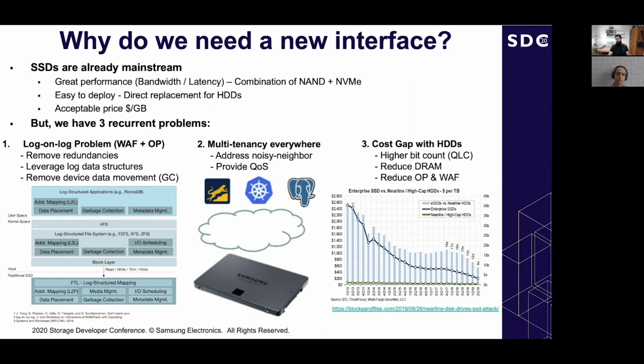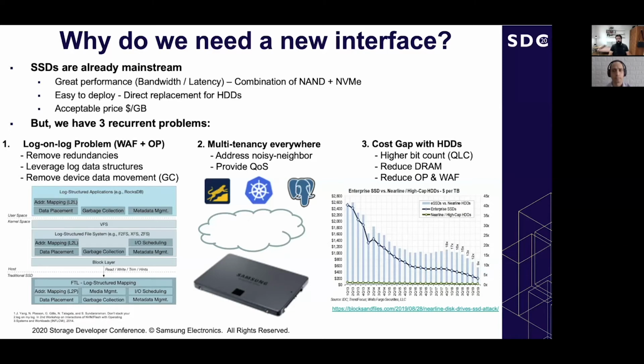But at the end of the day, the abstractions that we have in place for block devices make that whatever tries to be serialized in the host is being moved around by the different layers. So being able to have a direct data placement policy that allows us to leverage those data structures directly through the device would allow us to get better write amplification, better over provisioning or less over provisioning, and remove the device data placement. And this effectively has an impact on the total cost of ownership of solid state drives.